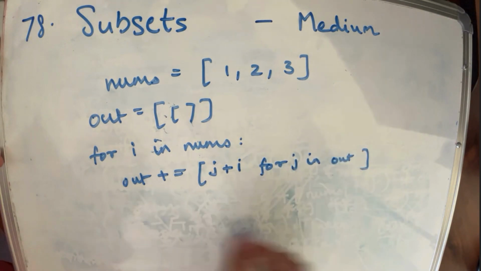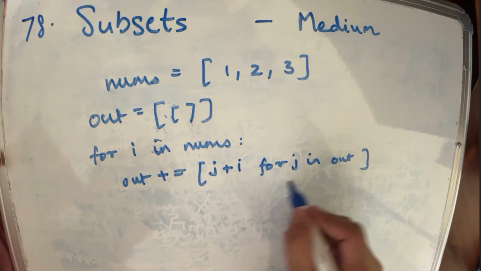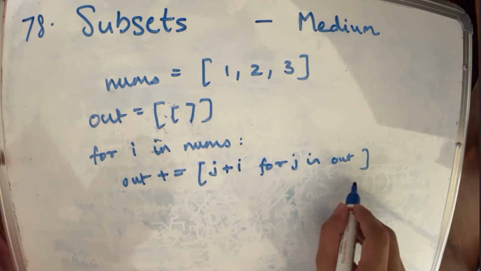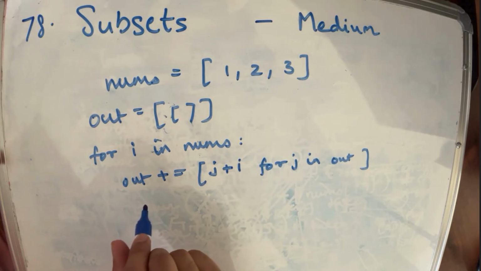I'll explain this: basically, for every element that is already in the output, we will add the new element to it.